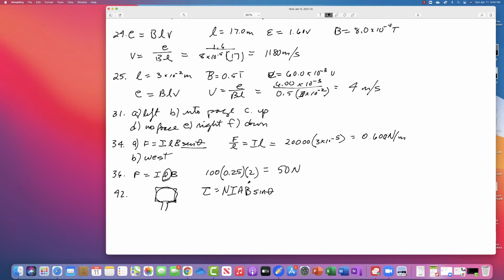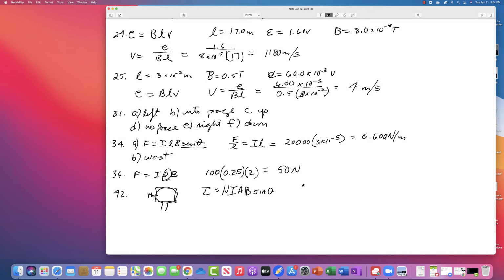It says in number 42, what is the maximum torque of a 150 turn square loop of wire, 18 centimeters on a side, that carries a 50 amp current in a 1.6 Tesla field? So it's telling you that the side is 18 centimeters.